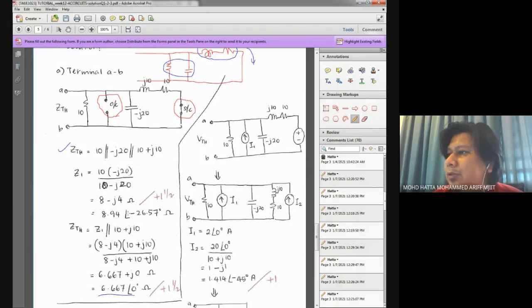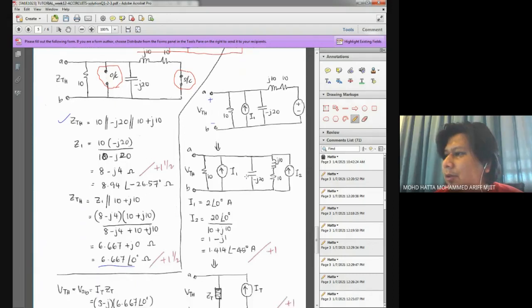Now we try to calculate the value of VTH. According to the first part, we would like to find out the voltage across terminal A and B. So that is our VTH that we try to find. And I think it is a good idea if we use source transformation in order for us to solve this kind of circuit connection.